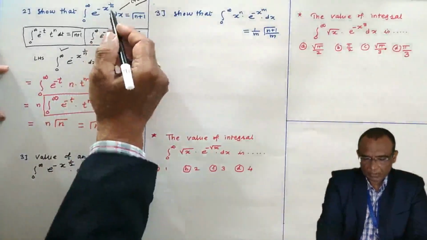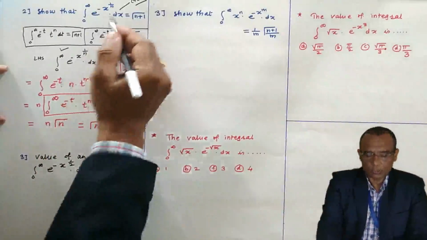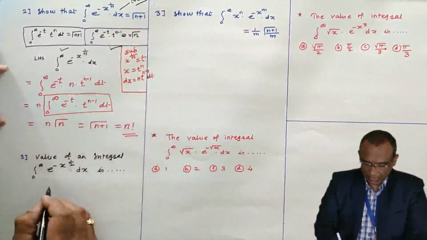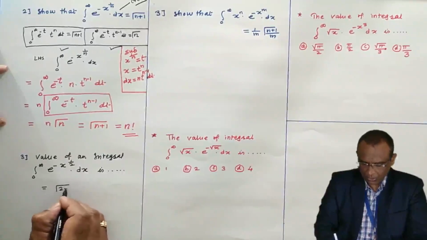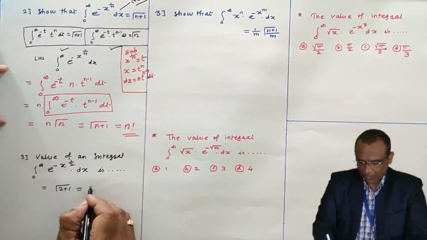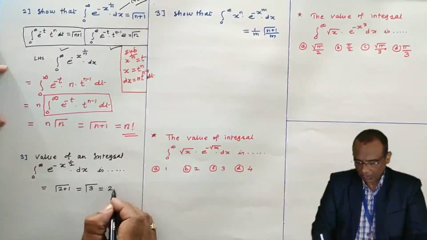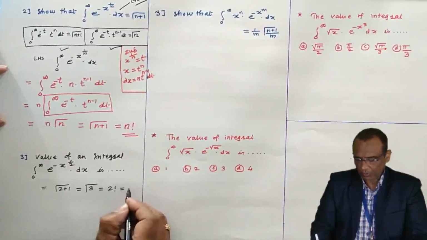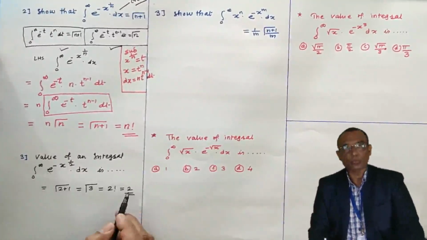If you look at it, what is n here? n is 2. So put n equal to 2 directly. Then factorial 2, or gamma 2 plus 1, you can write. This is gamma 3, and gamma 3 is factorial 2, and factorial 2 is 2 into 1, that is 2. The value of this integral is 2.